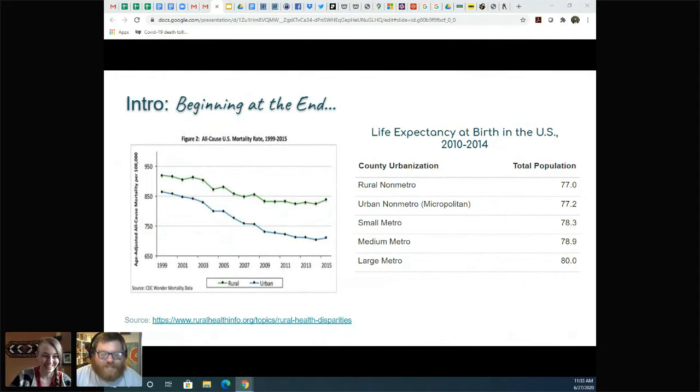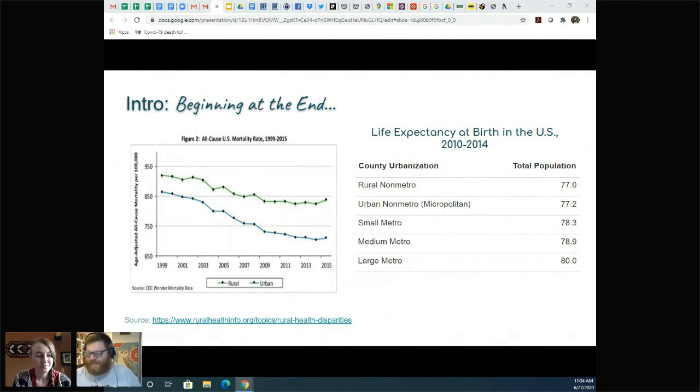Okay. All right. So in modern times, health outcomes tend to be far better in cities than in rural areas. I'm going to breeze through this point, but just to show proof, I have actual charts and graphs. The one on the right is all cause U.S. mortality rates, rural versus urban, age-adjusted cause mortality rate per 100,000 over time.